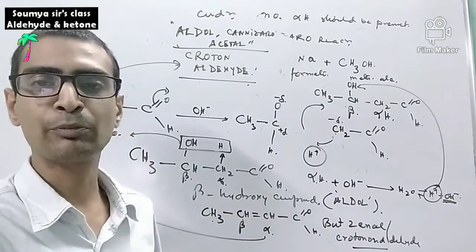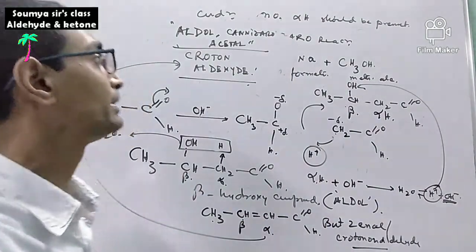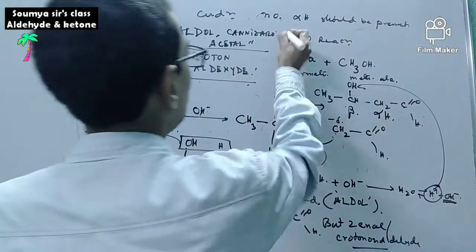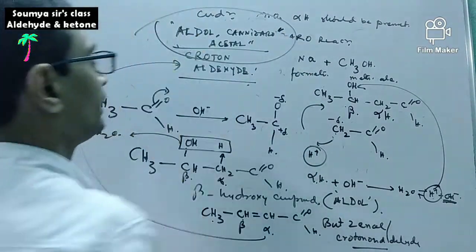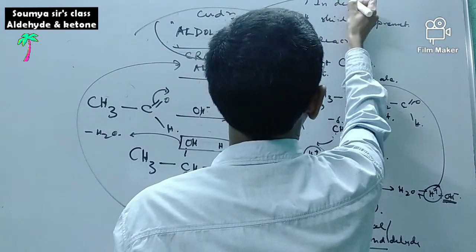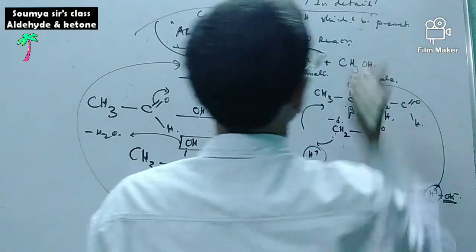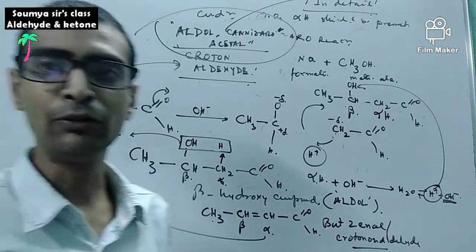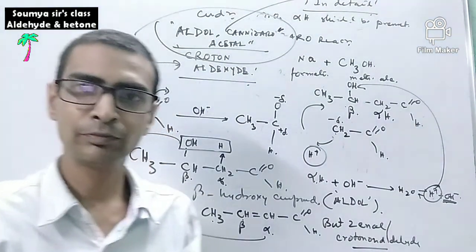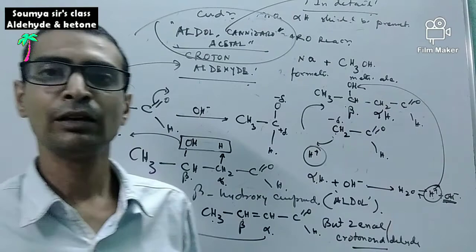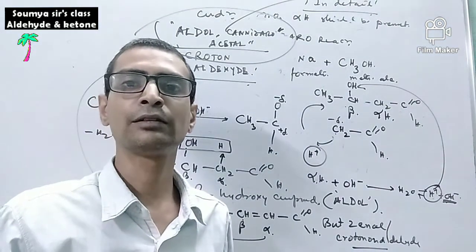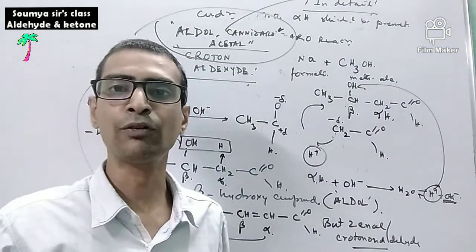These are generalized properties of aldehyde, but these are mechanisms which we have to understand in detail. We will cover these three reactions in detail in our next class, that is the Cannizzaro and aldol reactions, so that we can go to ketone. Until that time, my class is going to end, and we'll see in part 3 of aldehyde and ketone.